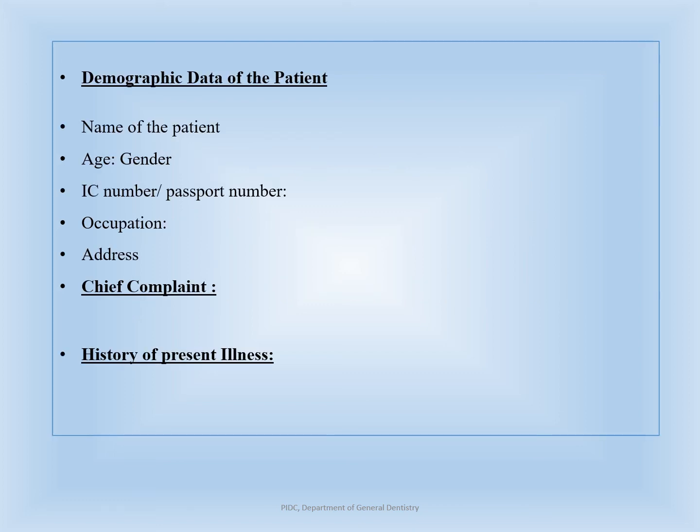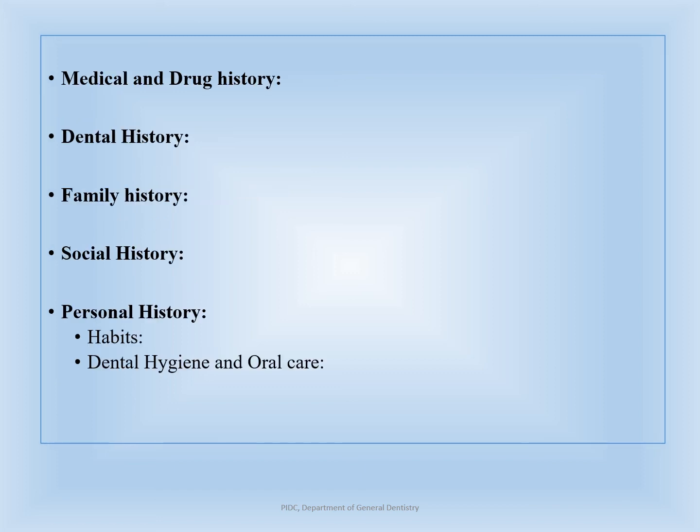So now coming to the demographic data of the patient, I'm sure this is all very familiar to you because you are all taking detailed case histories in the Department of Oral Medicine and you're all doing a very good job at it. So you ask for all the personal data followed by the chief complaint, the history of presenting illness, a brief medical and drug history, the dental history, the family history, social history, and the personal history.